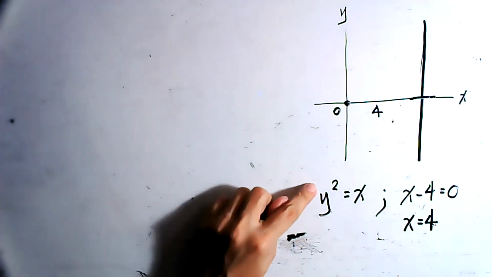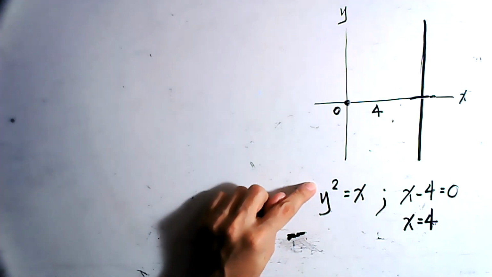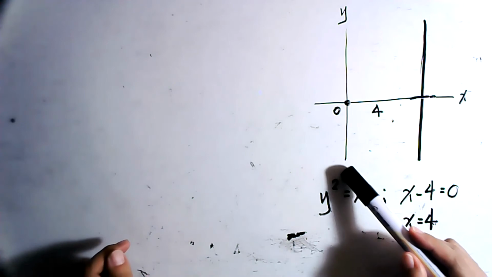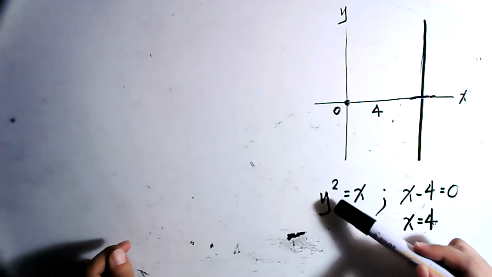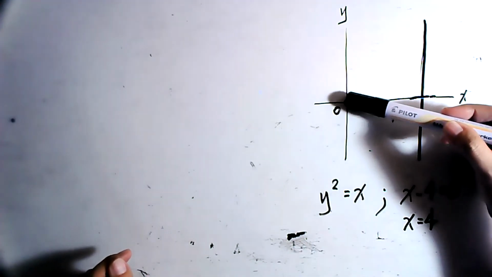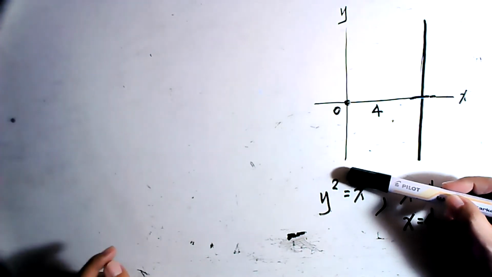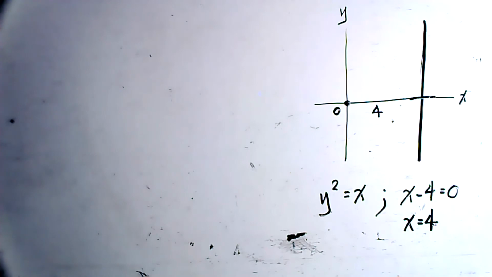And take note that because we have y squared is equals to x here, this will be a diagram that would be opening to the right. Since we have y squared, it could be on the positive or on the negative side of the Cartesian coordinate system.